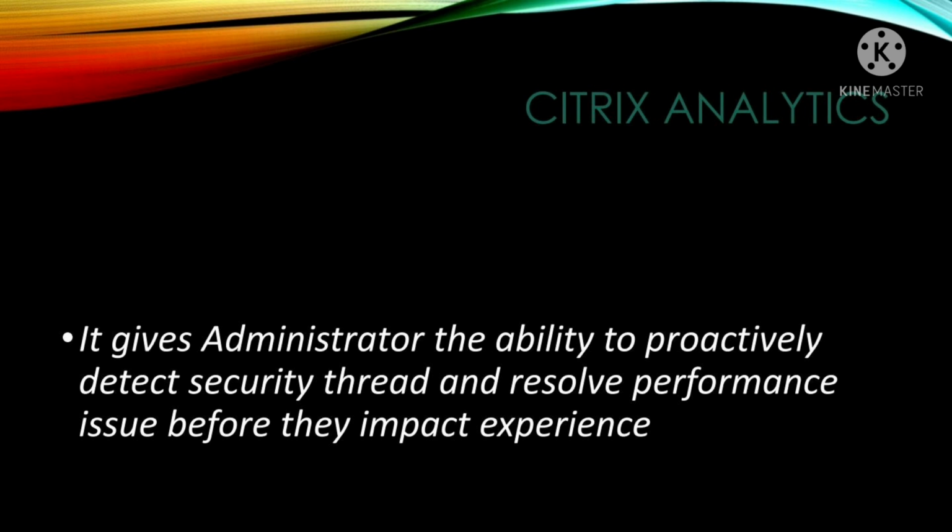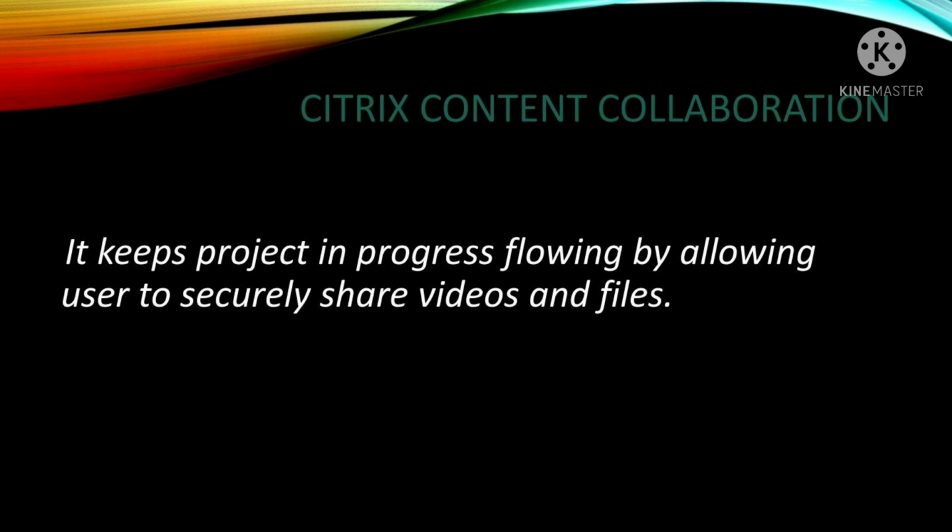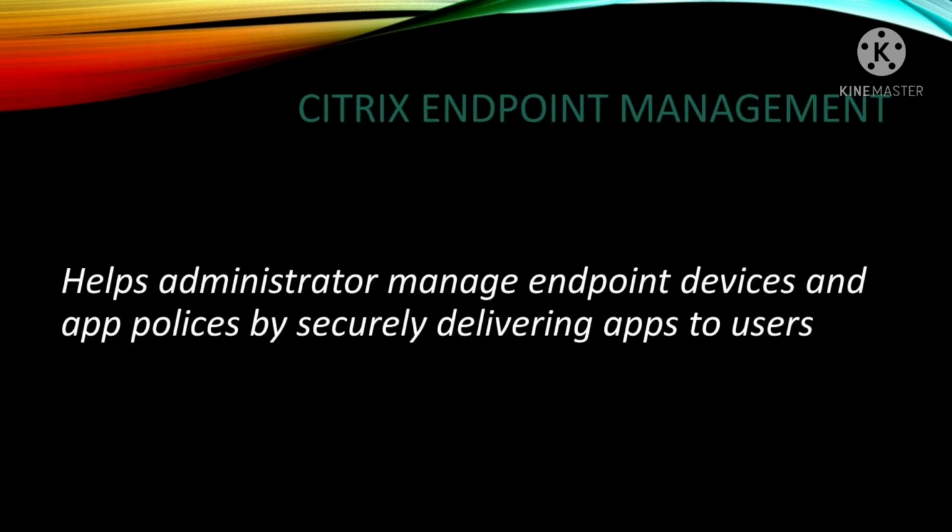Number three, Citrix Analytics. Citrix Analytics gives administrators the ability to proactively detect security threats and resolve performance issues before they impact users. Number four, Citrix Content Collaboration. It keeps projects in progress flowing by allowing users to securely share videos and files. And the fifth one is Citrix Endpoint Management.